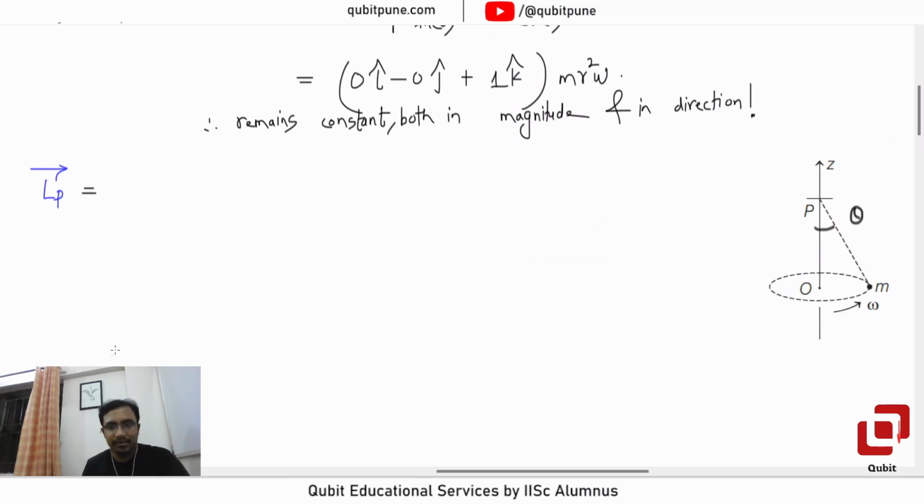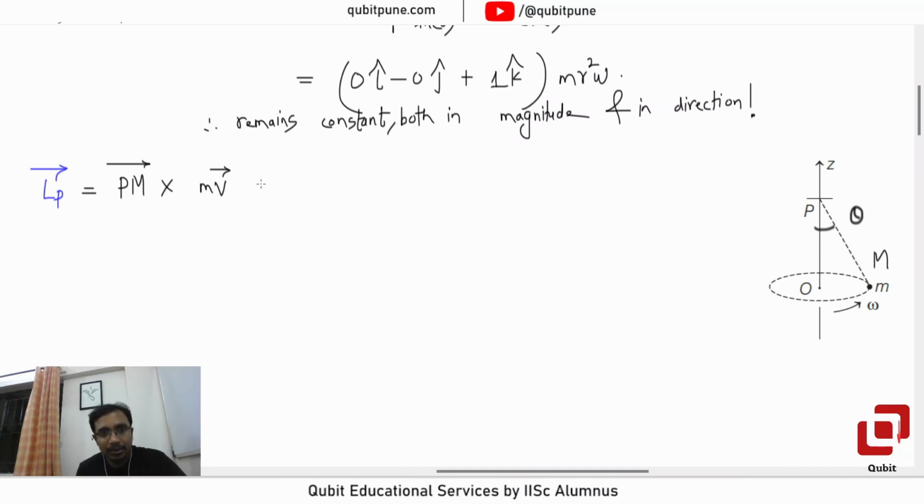Let me call this point M now. So do you agree that L_P bar is PM bar cross MV bar? Yes?